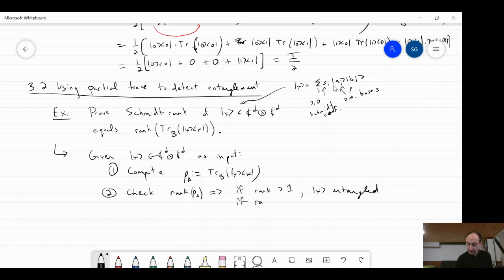And if the rank equals 1, psi is not entangled.